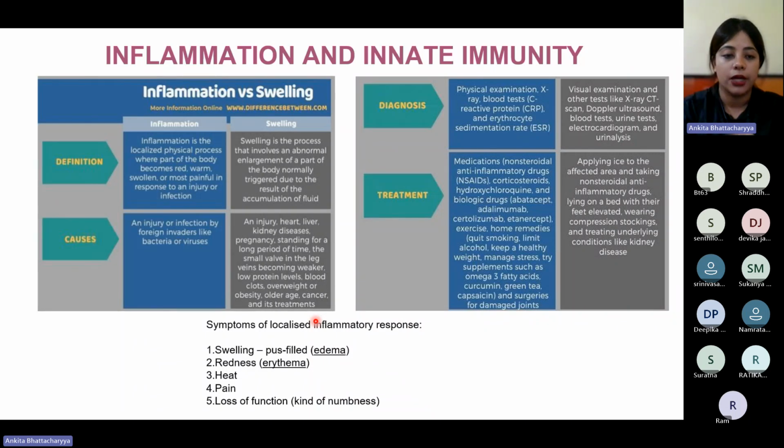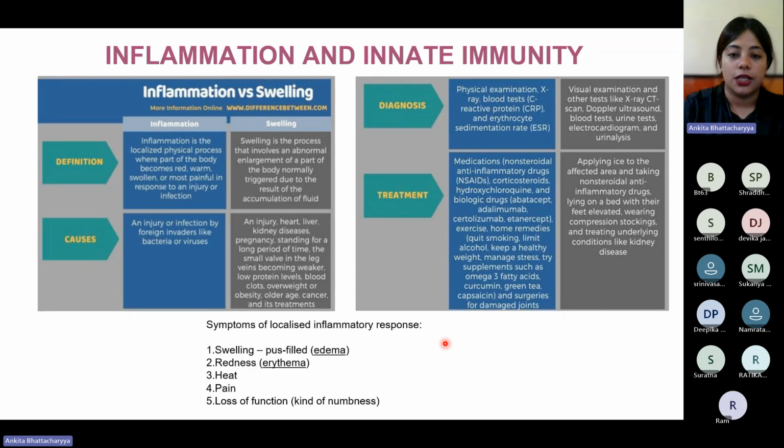Because it's kind of numb. But if you touch it, there would be pain. So there is pain because the nerve endings there are kind of exposed. So it is painful to touch such a place, but yes, it is also associated with some sort of numbness. So these are the common, or the characteristic, symptoms of a localized inflammatory response.